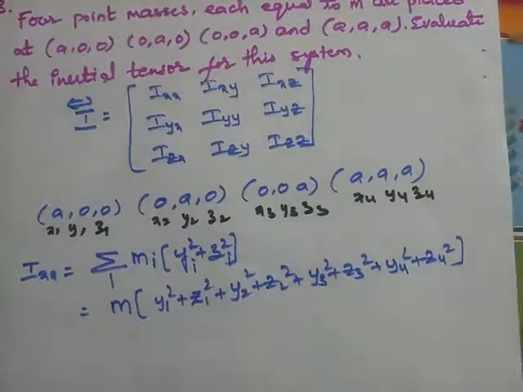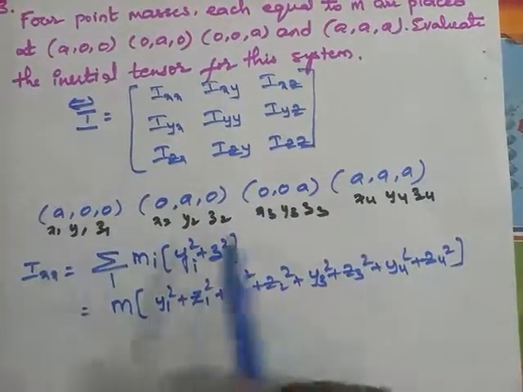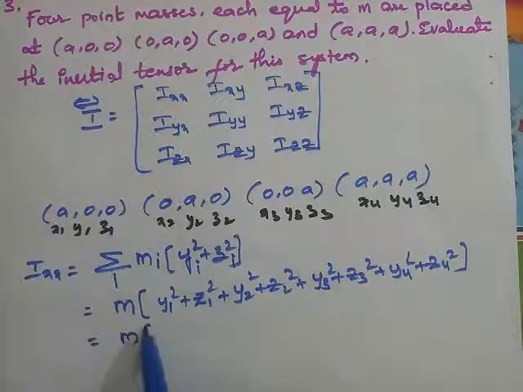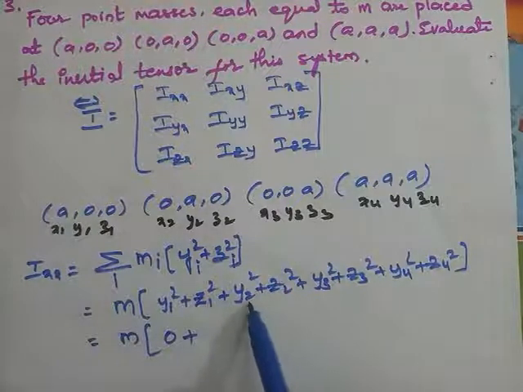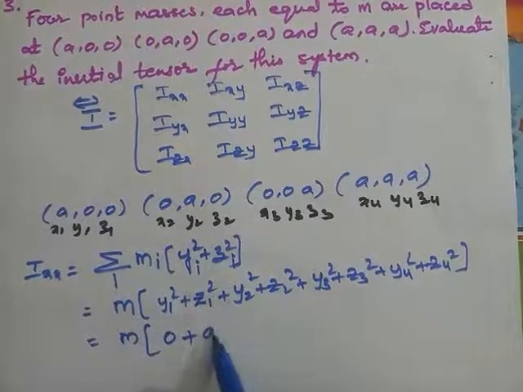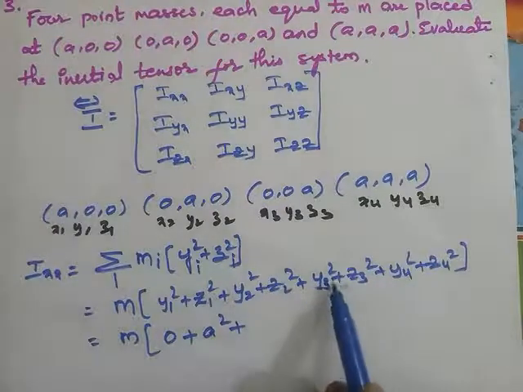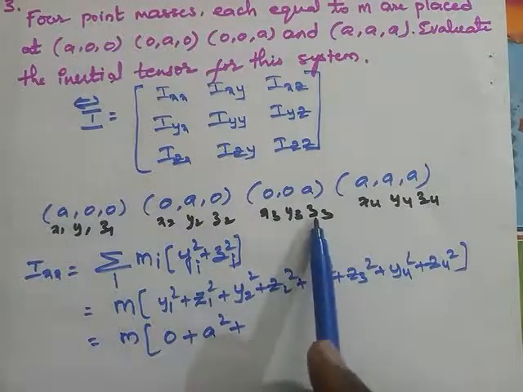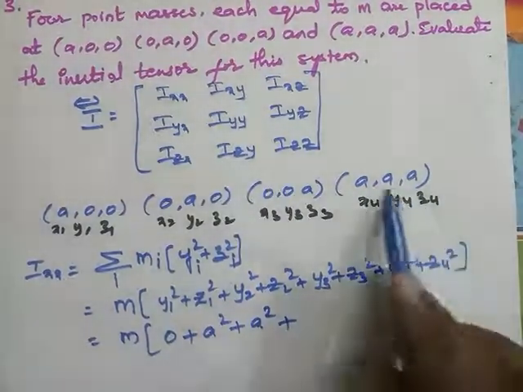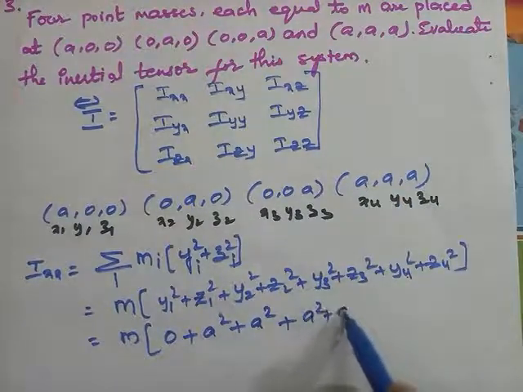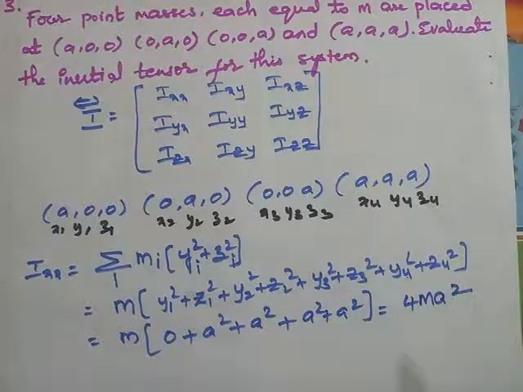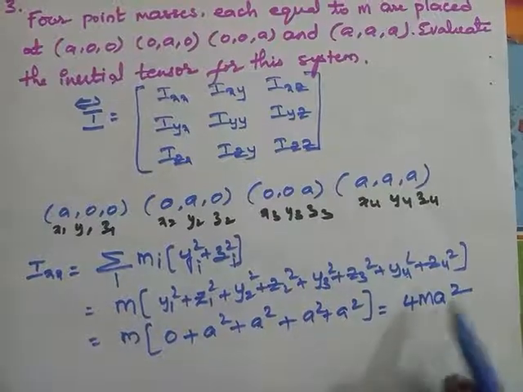Substitute all these values. y1 square plus z1 square is 0. y2 square plus z2 square will give a square, y3 square plus z3 square will give a square, and y4 square plus z4 square will give a square plus a square. Finally we get 4m a square. This is one value.